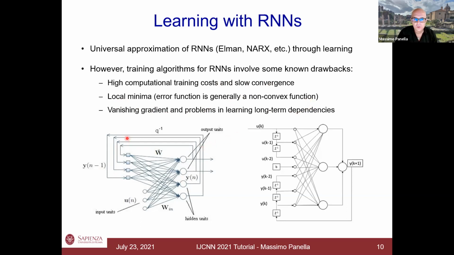And also the vanishing gradient problem, mostly applied to deep stacks, of course, rather than to shallow stacks. But the problem instead is in learning long-term dependencies, and this has been solved only by the introduction of LSTM layers and GRU layers, for example.